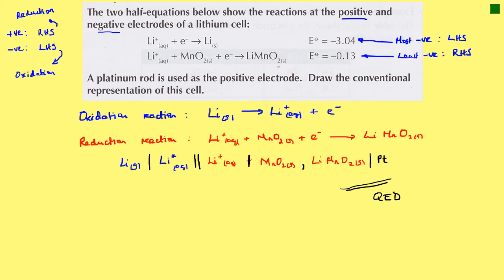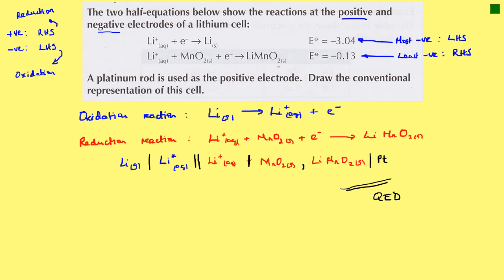Okay, so in the same way, let's do our reduction reaction. So we know that the reduction reaction is going to happen at the right hand side, so we're going to use the second half equation, and that's already written as a reduction reaction, right? So we can just copy it down.